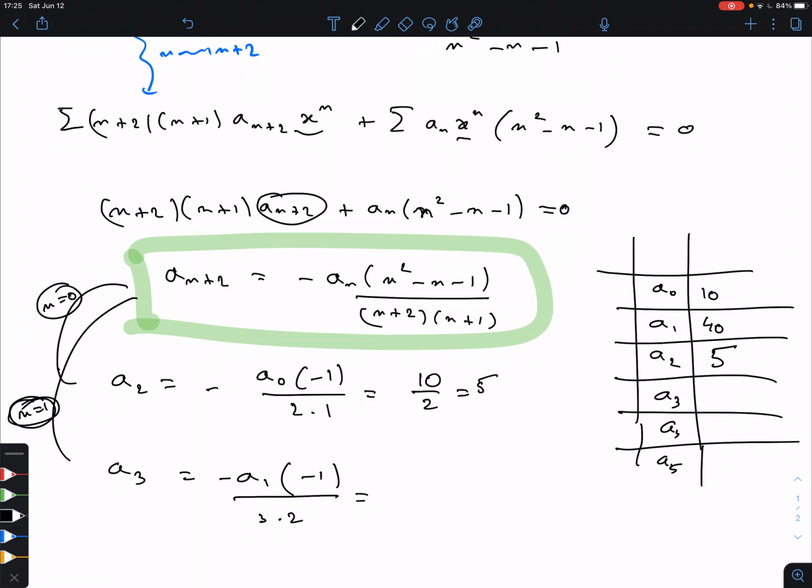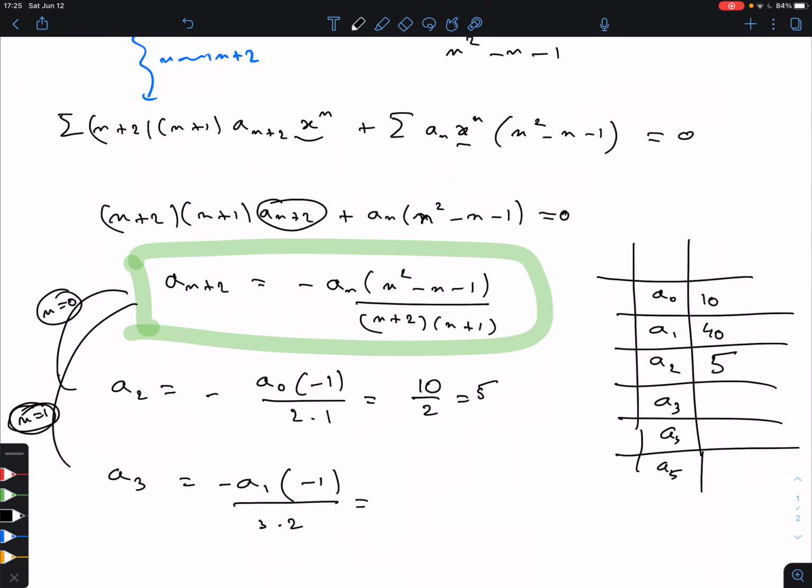Wait, did I do this right? Plug in n equals 1, right? 1 minus 1 minus 1, okay. In the bottom, I get 3 times 2, okay. A1 is 40. So I get A1 is 40 over 6. That is 20 over 3.